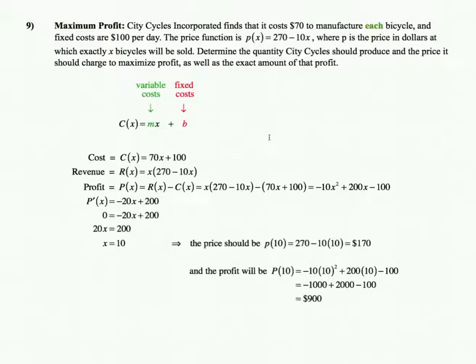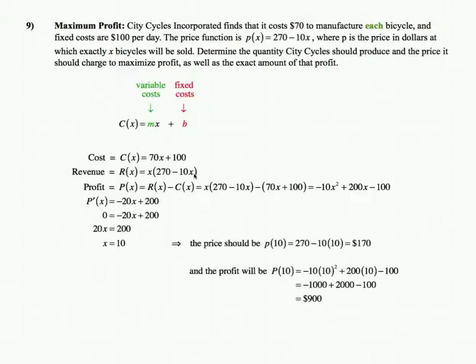Revenue, we should recall, is price times quantity, or quantity times price, as it's shown here. The price function is given right here for this question. Quantity will just be x. So quantity is x, you multiply by the price, x times 270 minus 10x.